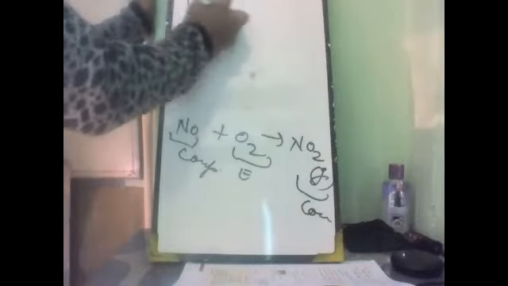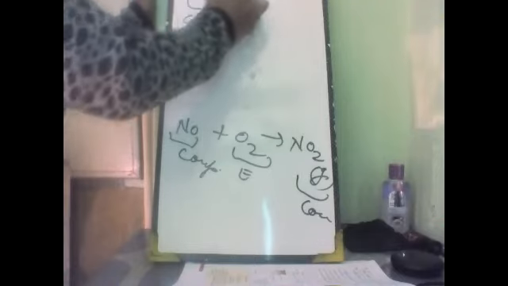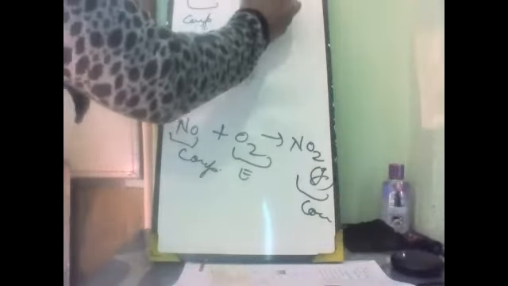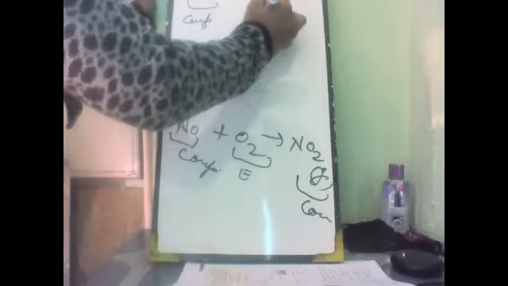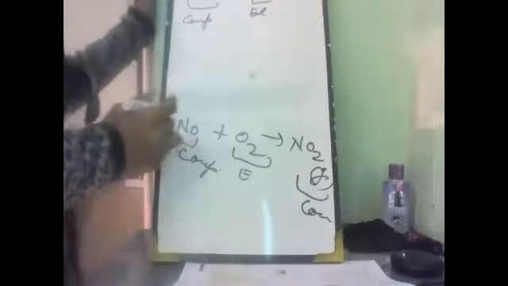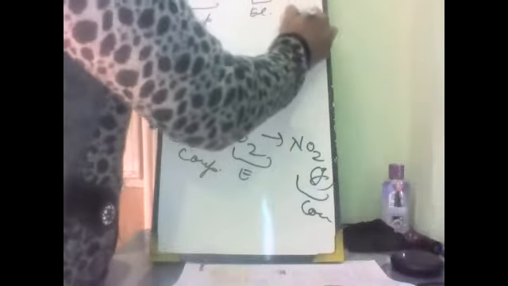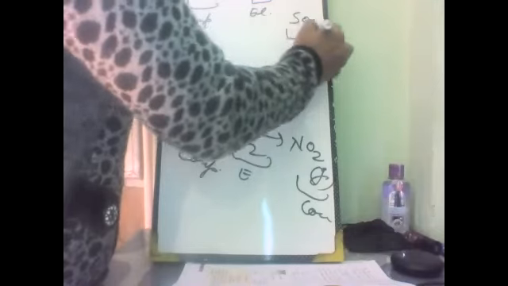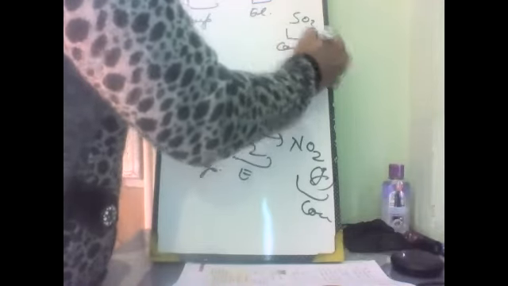Sulfur dioxide is a compound. It reacts with oxygen, an element, and forms SO3, sulfur trioxide, which is a compound again.